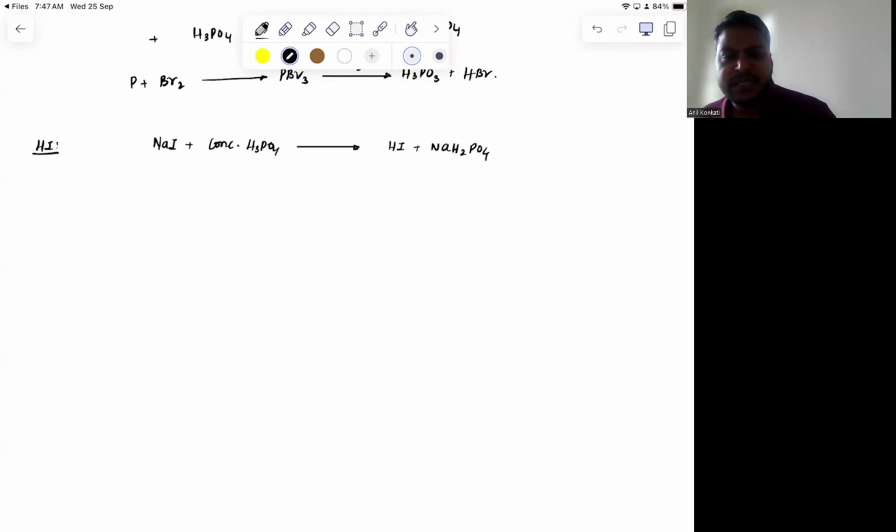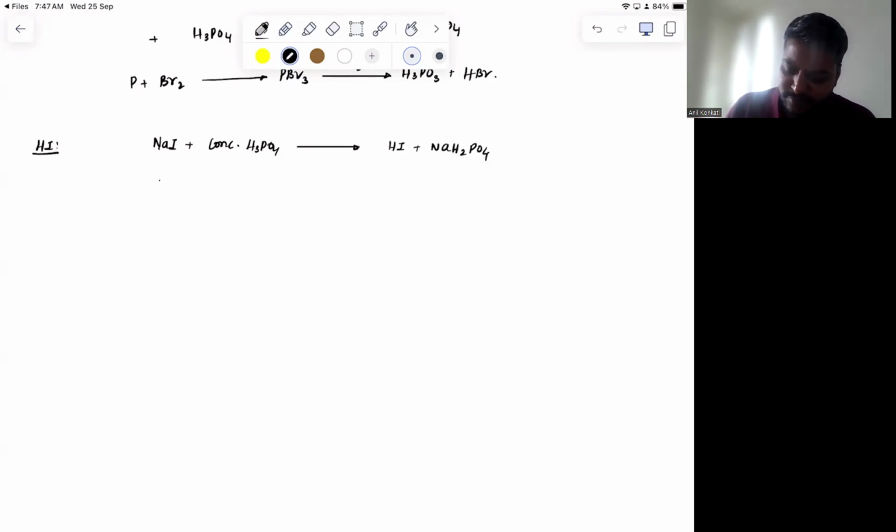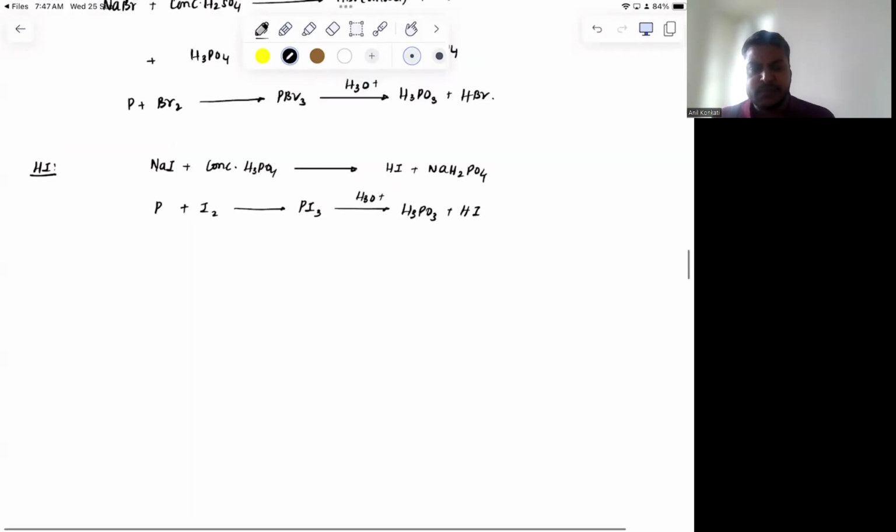Just like how we did it for bromine, the same thing can be done here. Phosphorus plus I2 will become PI3, which on hydrolysis will give you H3PO3 plus HI. Done. This is for the preparation of HI. Clear, guys?